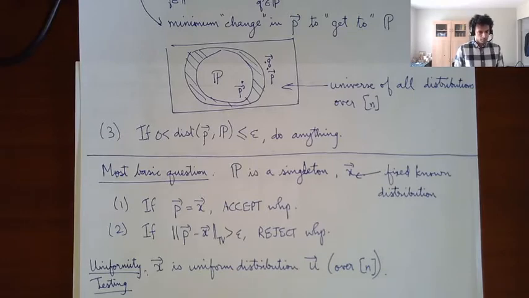My question is, so the main problem here is how many trials or how many samples we need such that we can test if this belongs to a specific distribution. Exactly. Precisely.